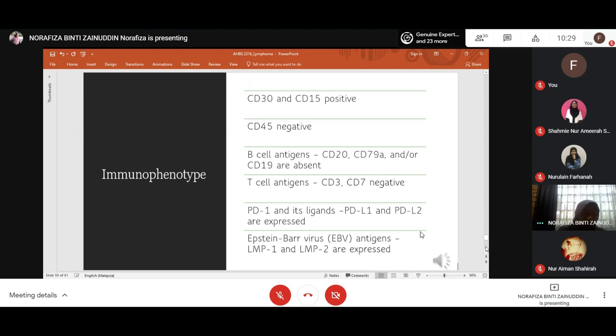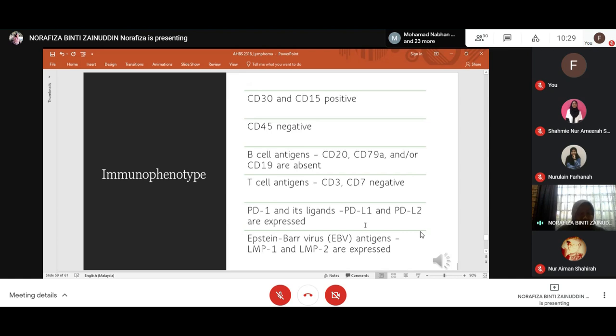CD45 is not present in patients with HL. B cell antigens, there are CD20, CD79A, and or CD19, which is characteristically either absent or seen only in a subset of Reed-Sternberg cells.